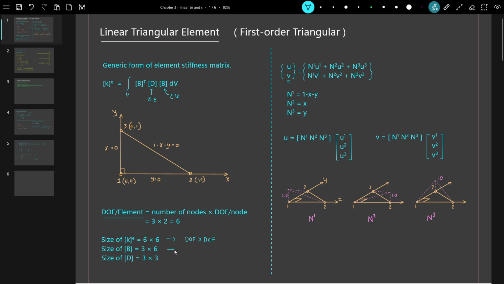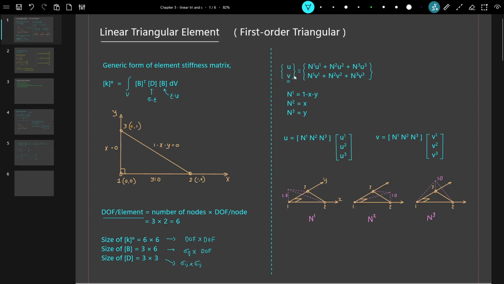The B matrix size, we know, is 3, the number of stress components, by the degree of freedom per element. Similarly, the D matrix is number of stress components by number of stress components. So this is the 2D case, so we have only 3 stress and 3 strain components.